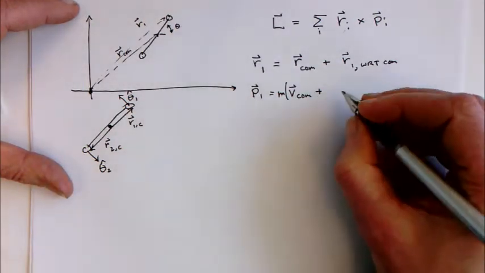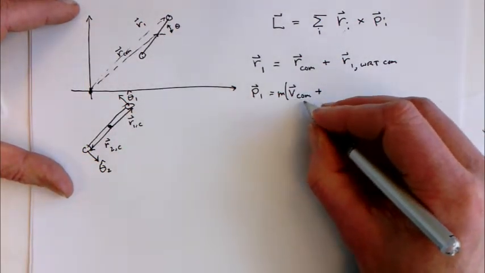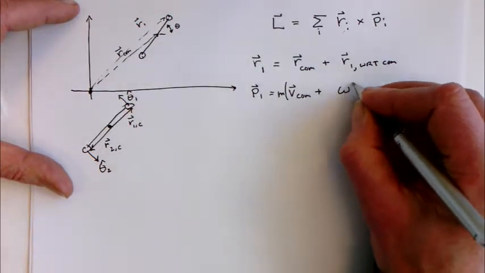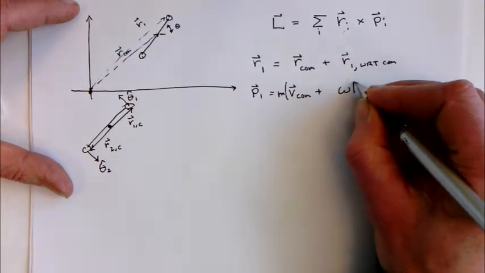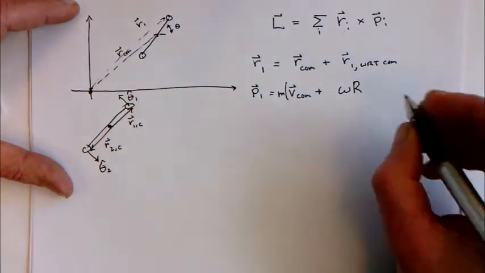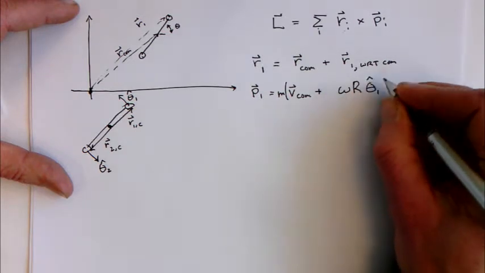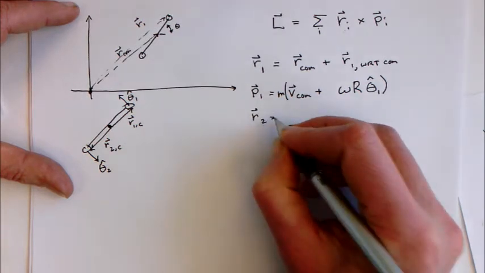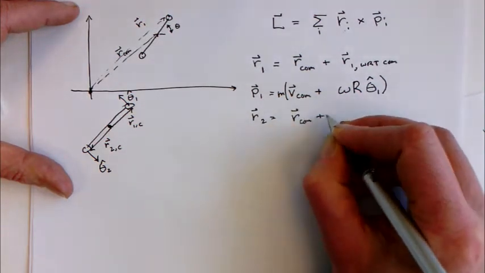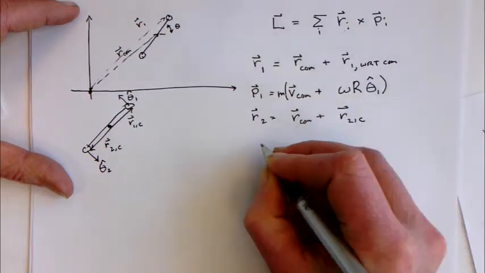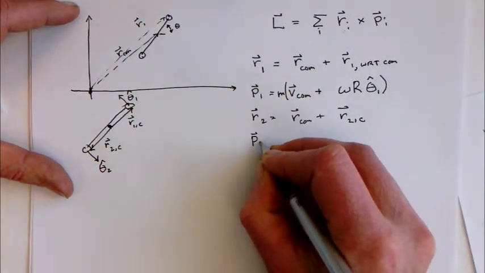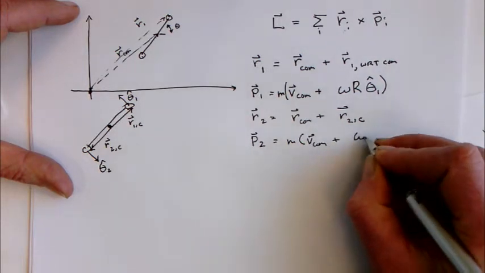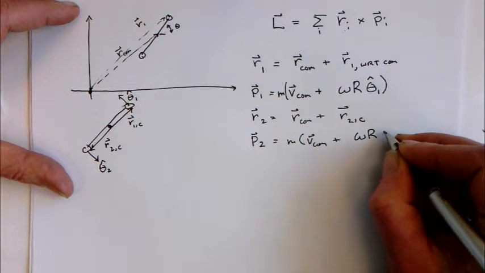So the velocity of the first mass will be the velocity of the center of mass plus omega times whatever this distance r is times theta 1 hat. By the same token, R2 is going to be R center of mass plus R2,C, and the momentum of the second mass will be m times the velocity of the center of mass plus omega times r times theta 2 hat.